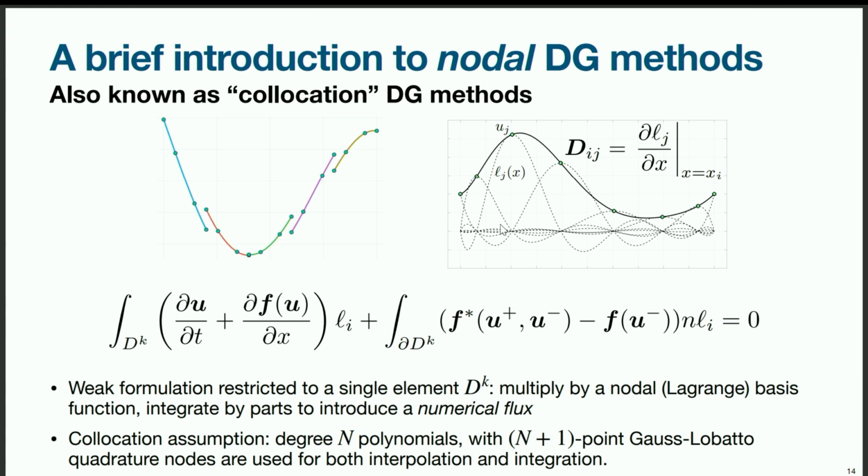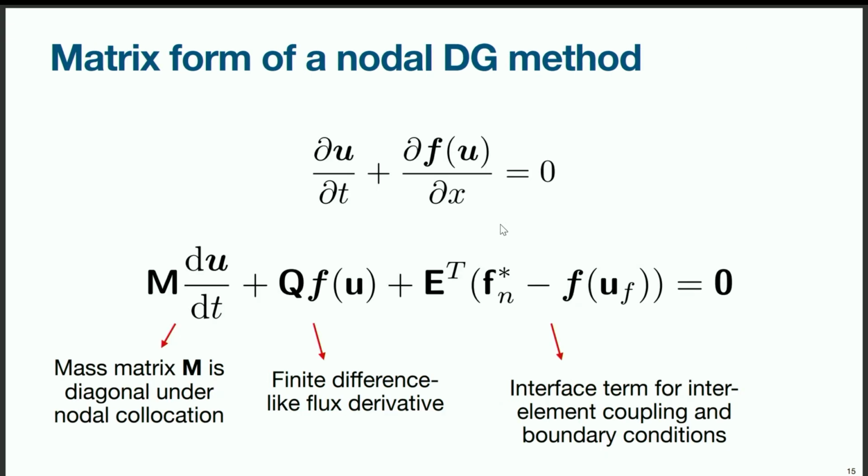But we're just going to use it here as something that's given to us. I'm going to integrate by parts one more time to put myself in a slightly easier to look at formulation. And what I'm going to note is that this is using a very specific set of points to represent my solution. These are Gauss-Lobatto points, which are essentially just some points which are really good for both polynomial interpolation and quadrature. Okay, so none of this is really important for the actual implementation.